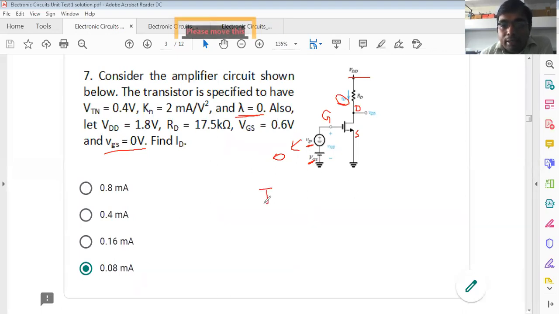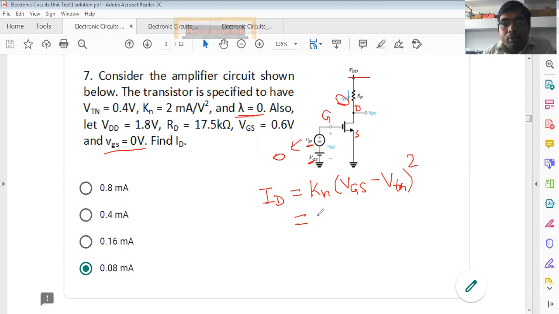So in this case, what would be the formula for ID? It is Kn times (VGS minus VTH) whole square, because we generally consider that it is working in the saturation region. So this formula is applicable here.